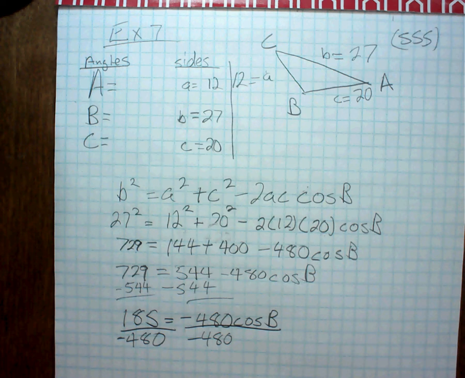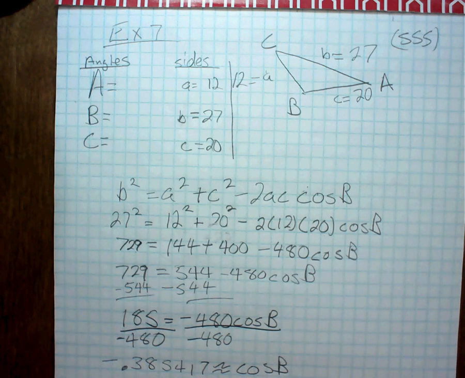So 185 divided by negative 480 gives me negative 0.385417 for cosine of B.